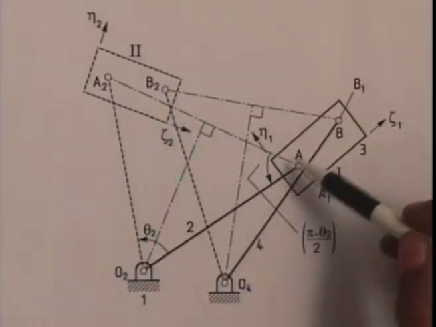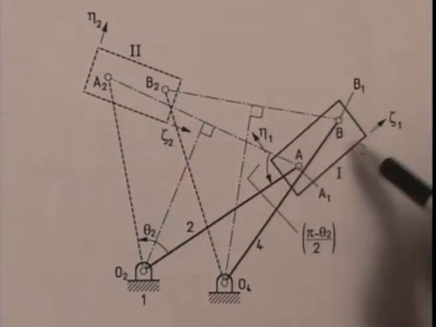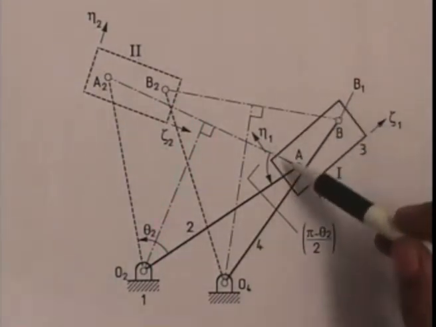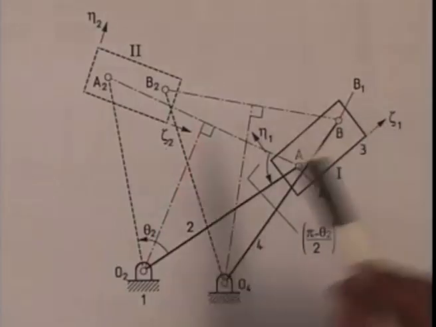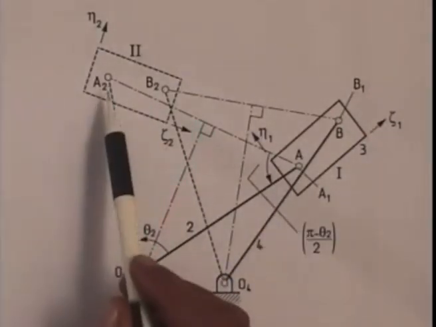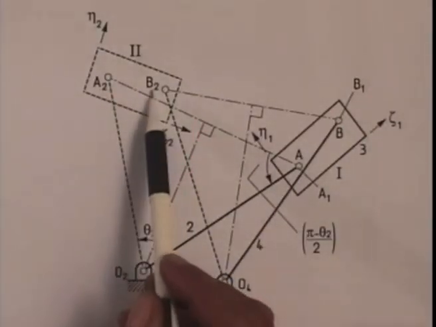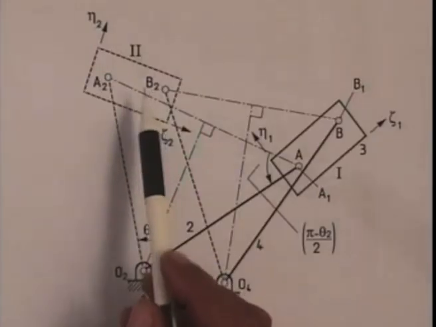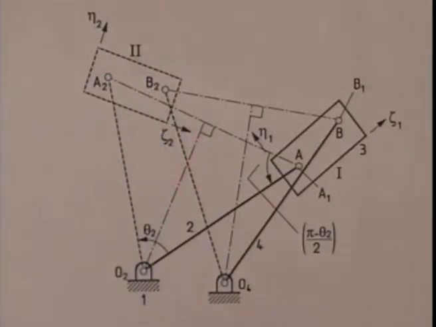As we must notice, the locations of A and B are fixed on this coupler. This is in position 1, A and B. In position 2, the same two points are here as A2 and B2. So the only job left is to determine the fixed pivot locations, namely that of O2 and O4.